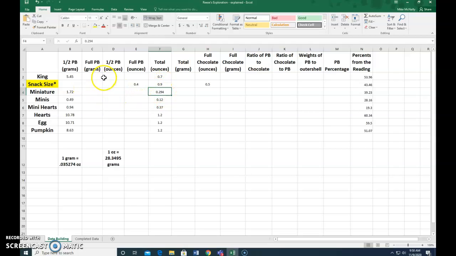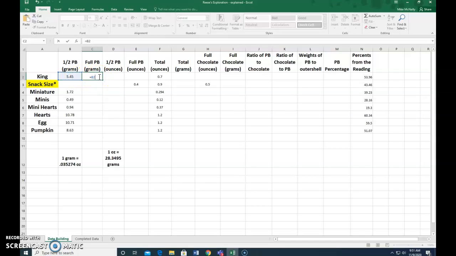So let's do a few more of these. What about the king size? Half of the peanut butter was 5.45 grams. So what would a whole one be? Well, that's 5.45 times 2. How would we do that in Excel? We'd say equal sign, because it's going to be a formula, and we would click B2, and now what are we doing?